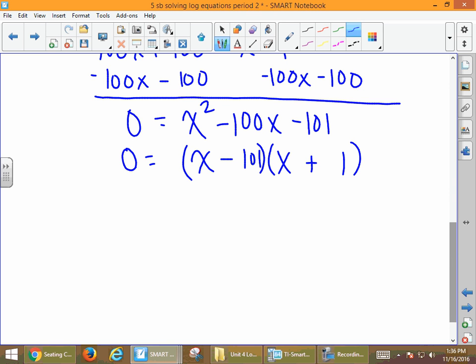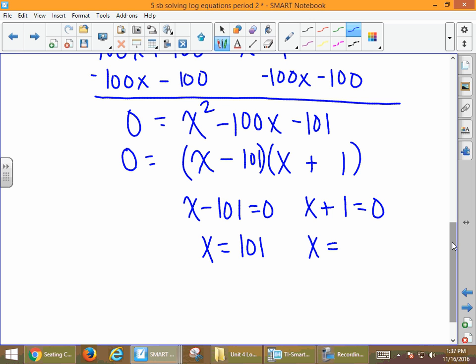And if we take negative 101 plus 1, and then lastly, we take x minus 101, and we set it equal to 0. When x plus 1, set it equal to 0, which means that x equals positive 101, or x equals negative 1. But we need to go back and check for extraneous solutions.